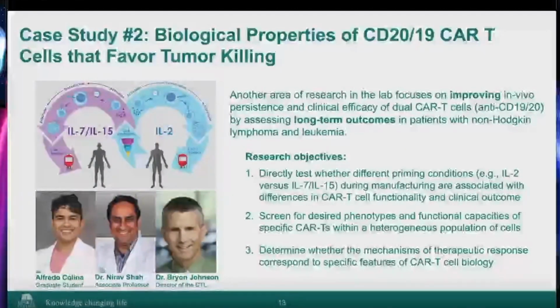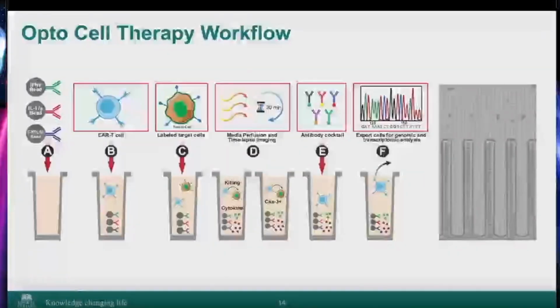Initially, we were comparing CAR T cells that were generated from the same patient using IL-2 versus IL-7, IL-15. And then as a follow-up study, we then determined whether we could identify immune signatures or biological characteristics of CAR T cells that correlated with clinical outcome.